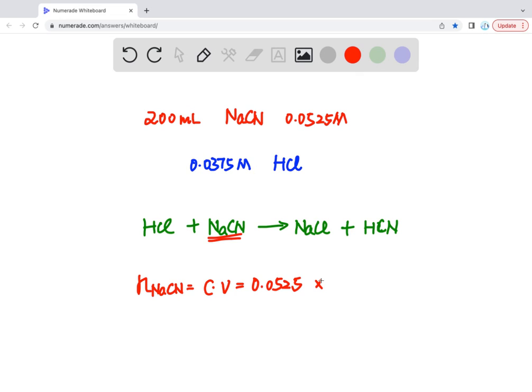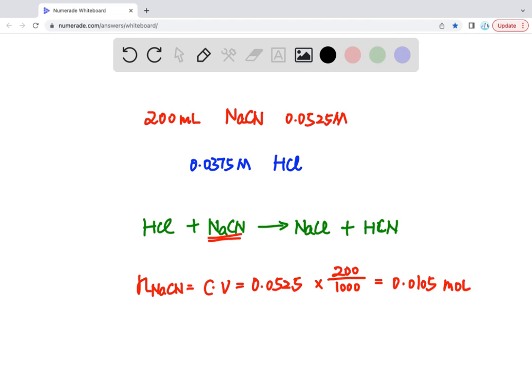And the volume here is 200 milliliters, so it's 200 over 1,000 liters. And that's equal to about 0.0105 moles.